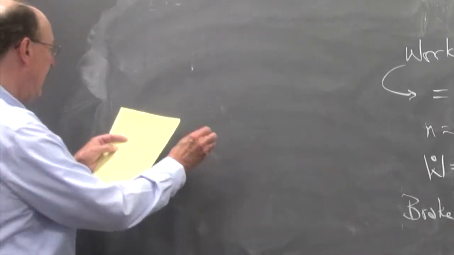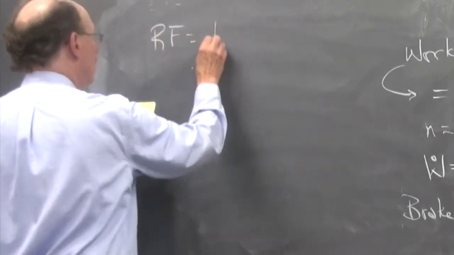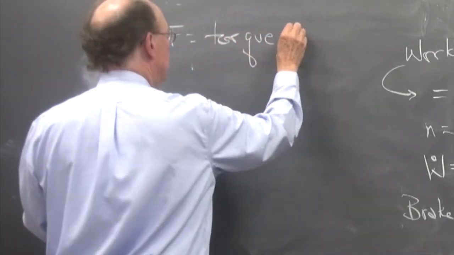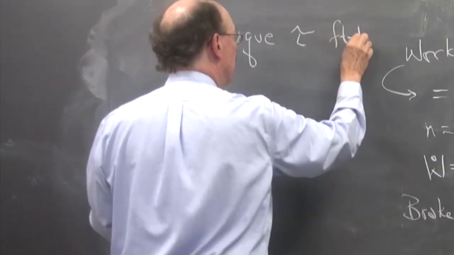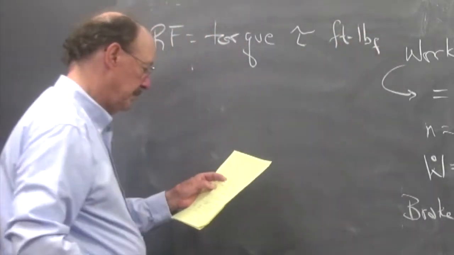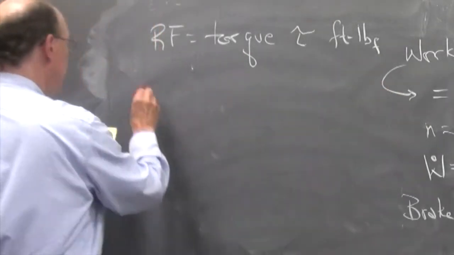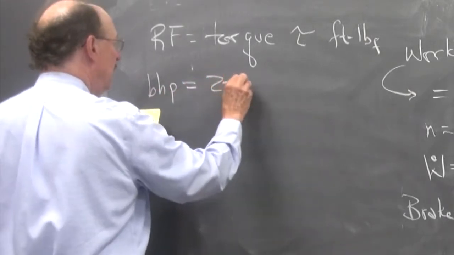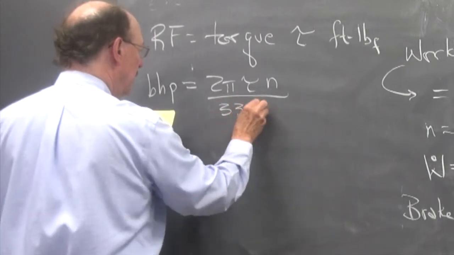And so let's look at that. RF is equal to the torque, and we call the torque tau, and it'd be foot-pounds force. So we could rewrite that equation: bhp is equal to 2 pi times the torque times n over 33,000.